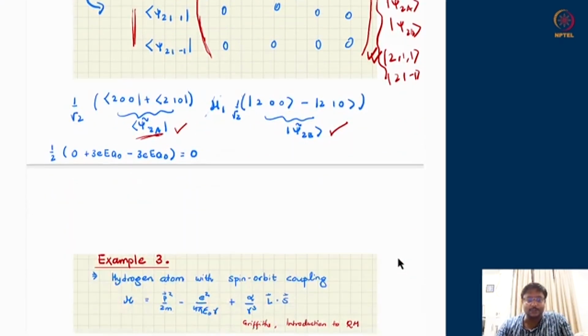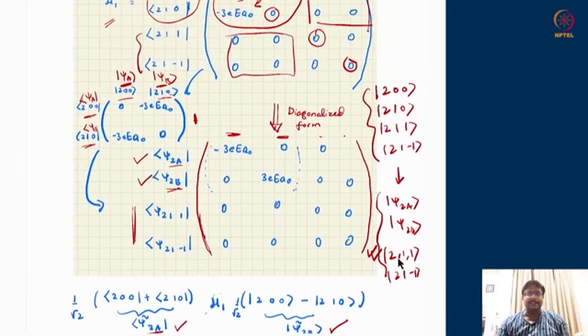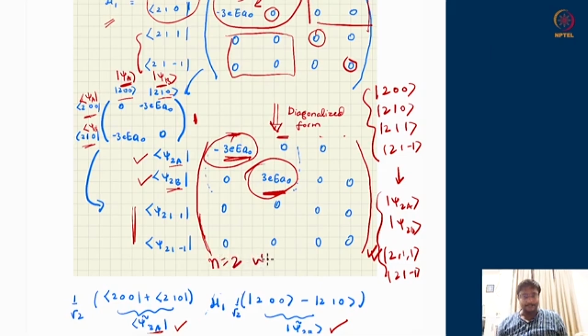So therefore, you can do this business carefully over there. There is no problem. The diagonal elements of the perturbation Hamiltonian therefore tell you about the first order correction. Now the perturbation theory is safe. So you know, due to perturbation, the energy eigenvalue for n equal to 2 will change.